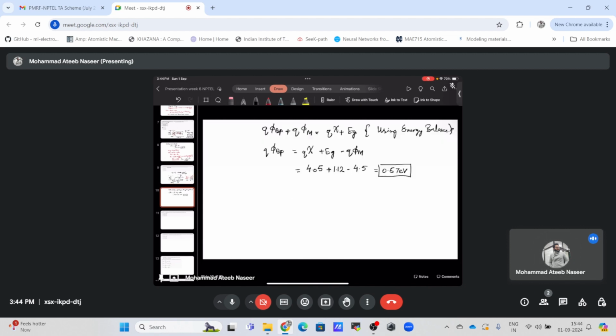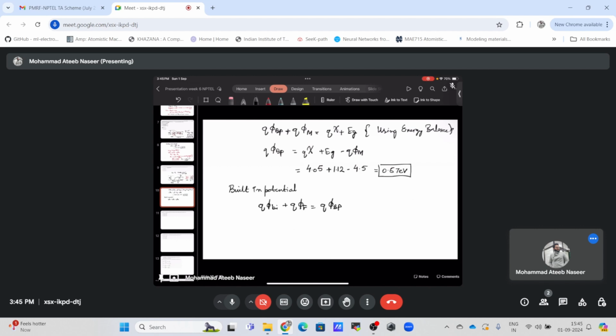So q phi bi plus q phi f is simply equal to q phi bp.